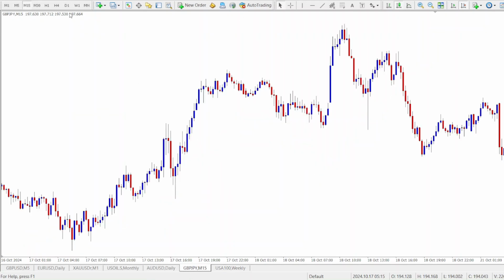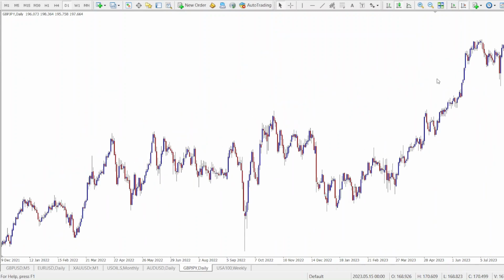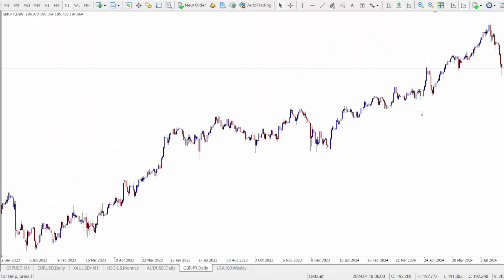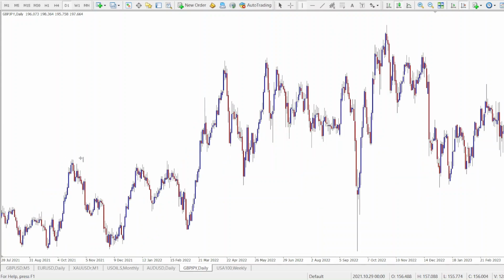Now let us compare that with this. This one is also a trending pair, but can you see during this period? Now this is a valid example. Don't forget to check the dates. Can we see that this was 2021?